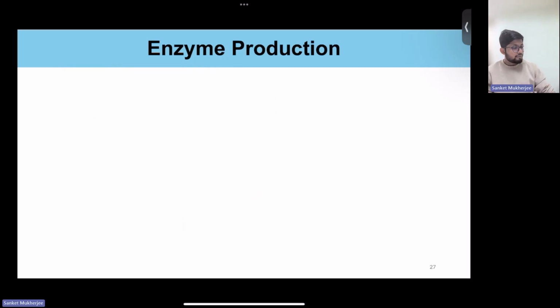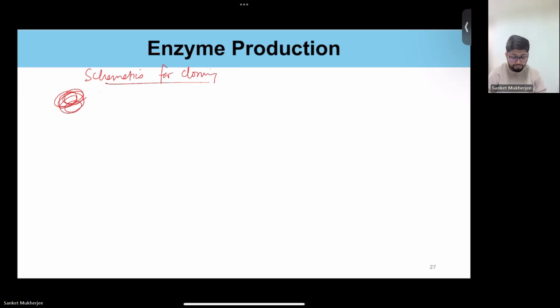So what else do we have? I'll draw the schematics for cloning. So here you have the genome, let's say, from where you perform a PCR and you get your gene.